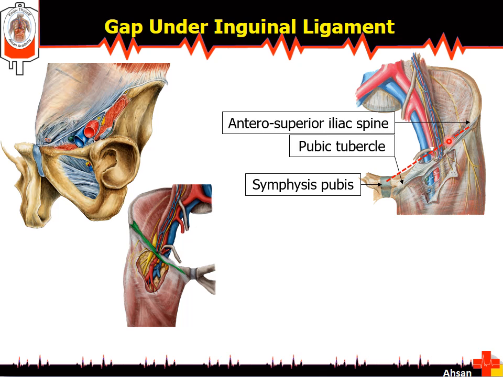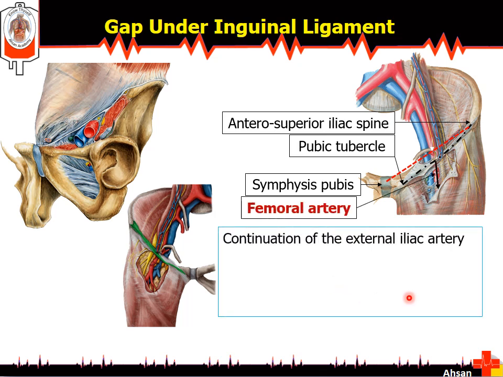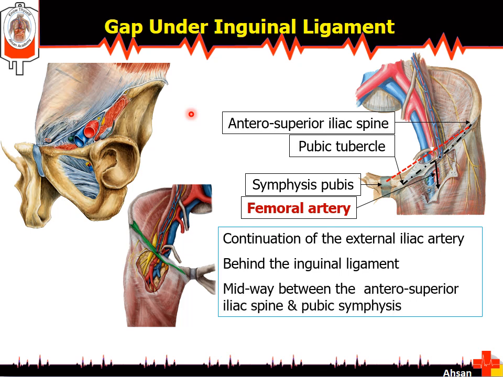Just below this, behind the inguinal ligament, the external iliac artery ends and the femoral artery starts. So this is the point from where the femoral artery descends.